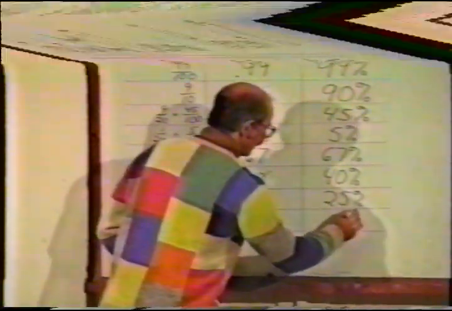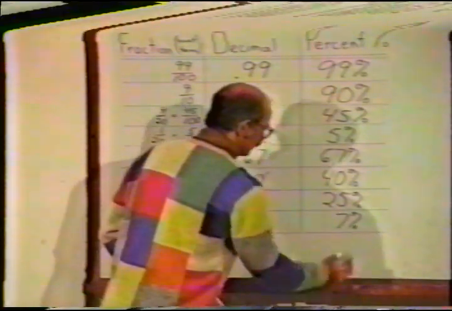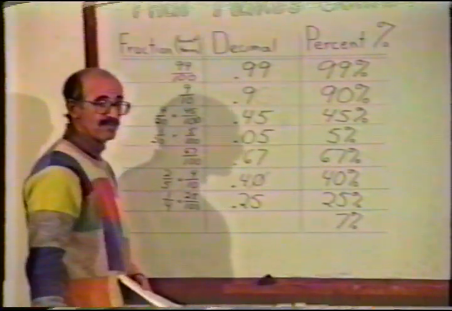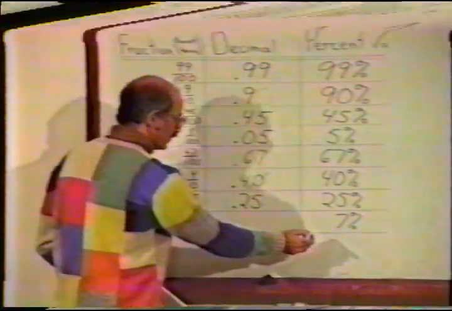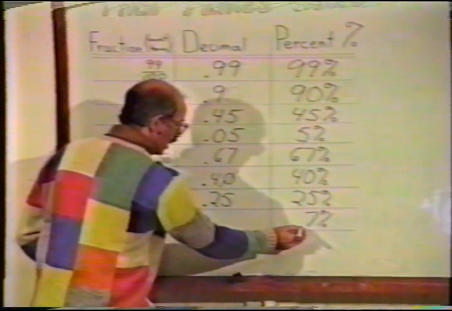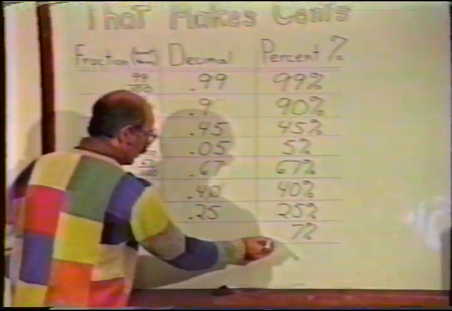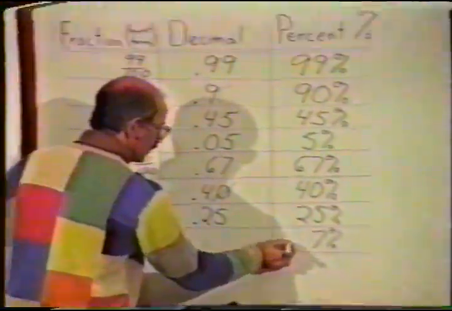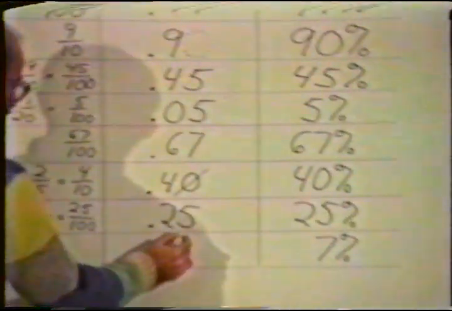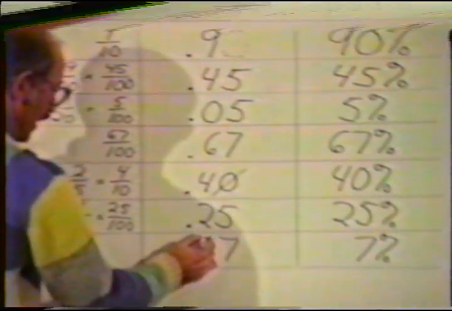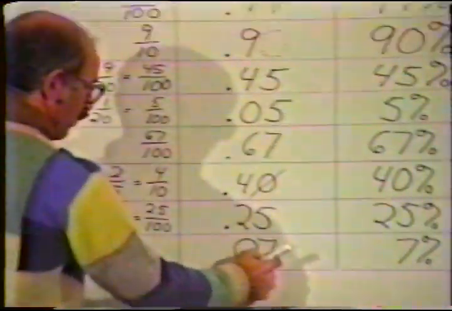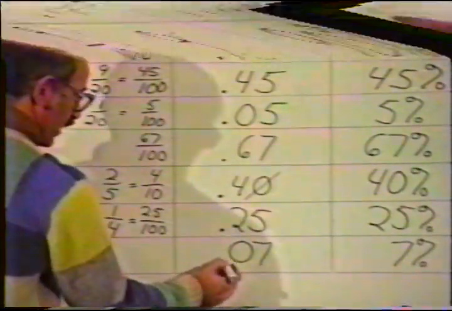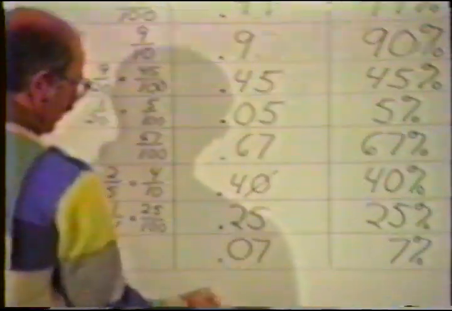And 7%. We have to move the decimal point 2 places to the left. 1, 2. With what number do we have to fill this place? 0. We had to go back 2 places, 1, 2, and put our decimal point there.